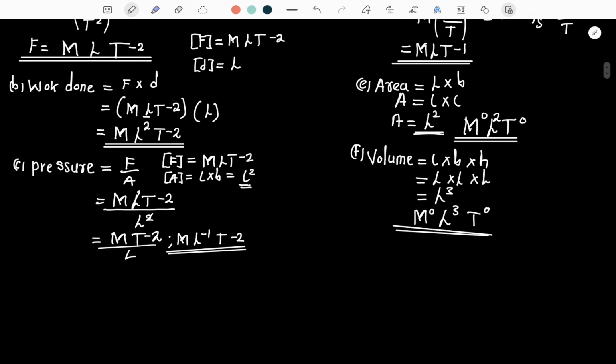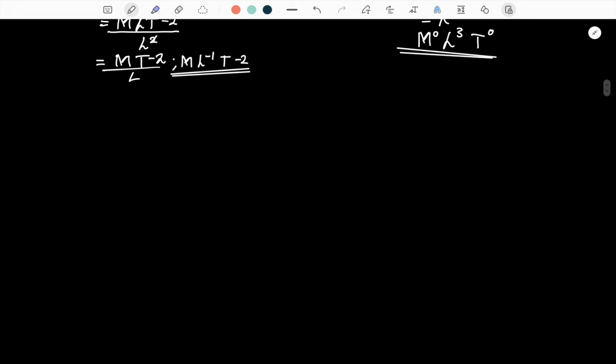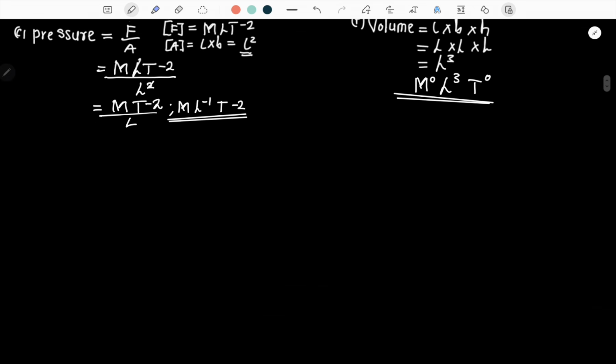Which other physical quantity can we also look at? Let's try to look at density. Okay, so this one was F, so we're going to G. So we are looking at density. What is the formula for density? It is simply mass over volume. What are the dimensions of mass?